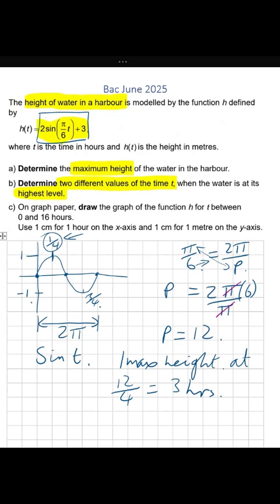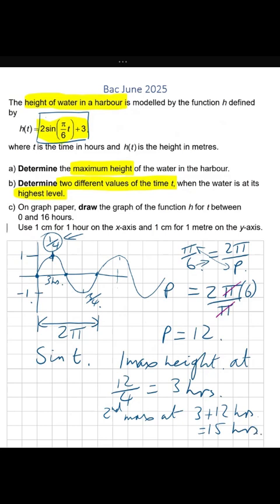Now I'm asked for 2 values. Now we know this whole thing about a period. That means that this will continue on and keep repeating every 12 hours. So if there was a high here at 3 hours, there will be another high 12 hours later. So my second max is at 3 plus 12 hours, which is 15 hours.